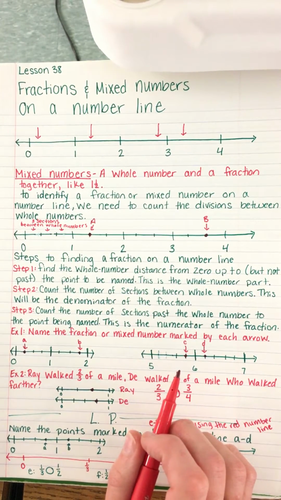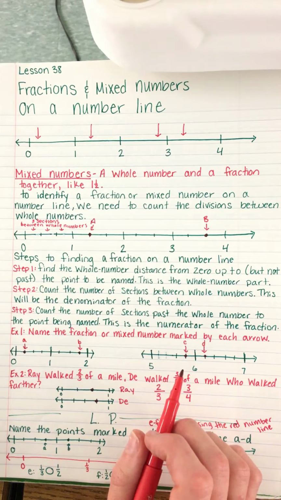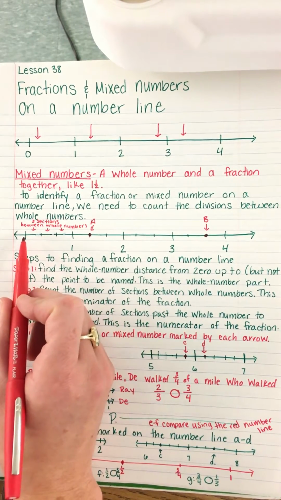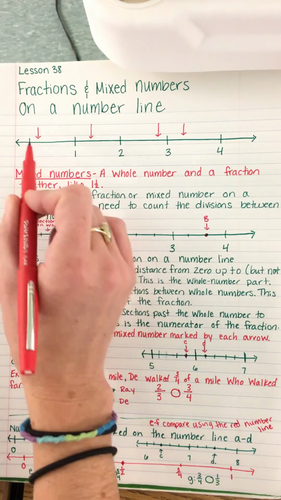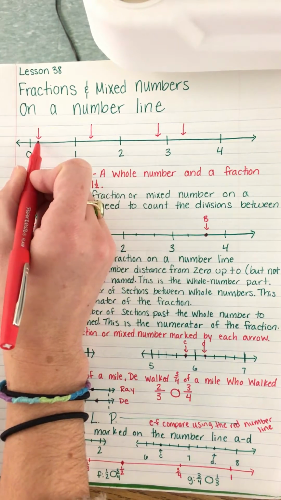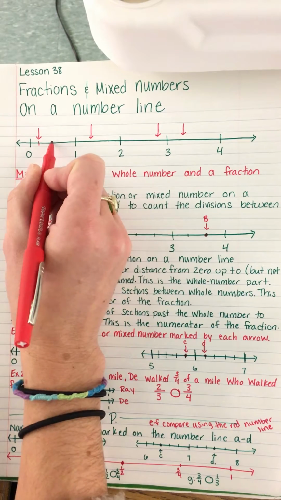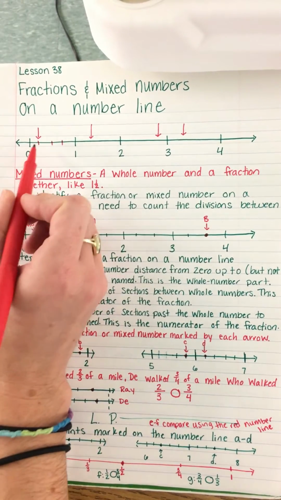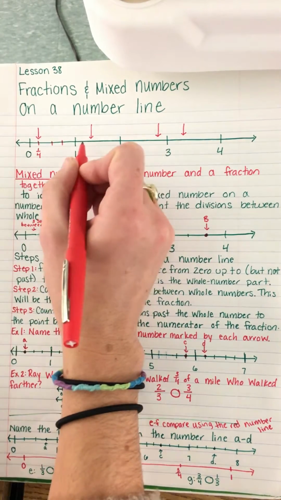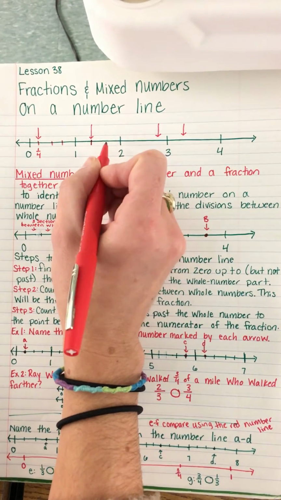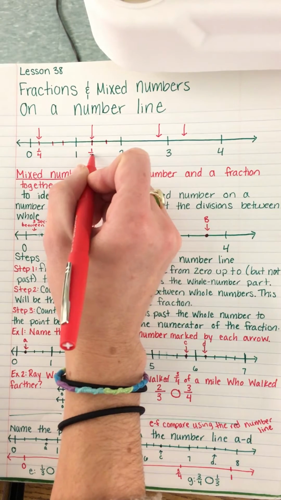A point on a number line is named by the distance from 0 to the location marked by the arrow. So for this one, we could put a line here and a line here and a line here, and see that it would need to be divided into fourths. So this would be 1/4. Or if we put the line here and here, that would be 1/3.